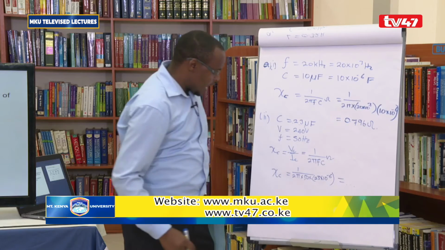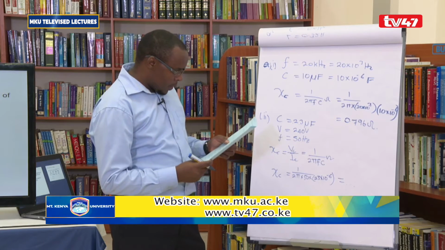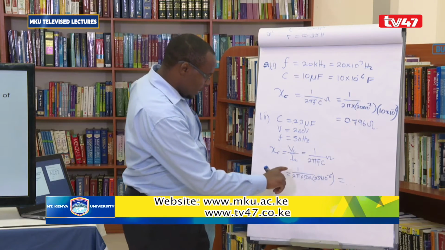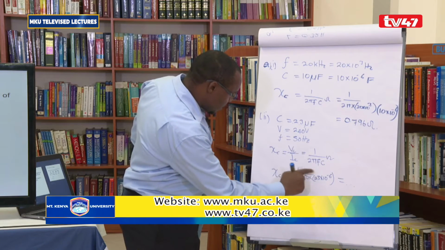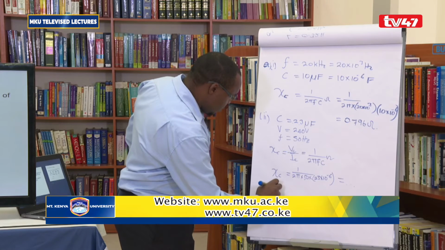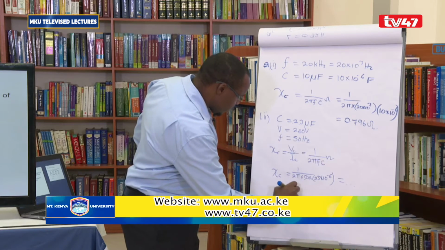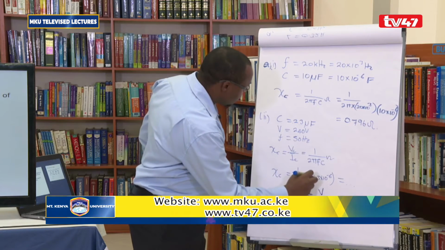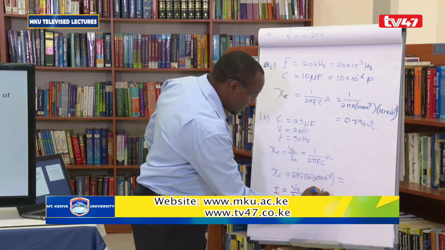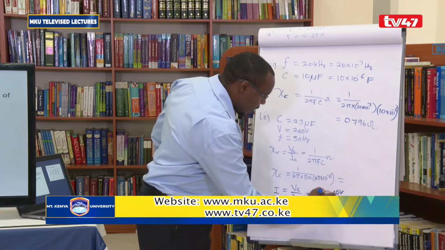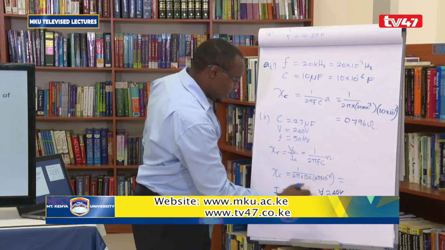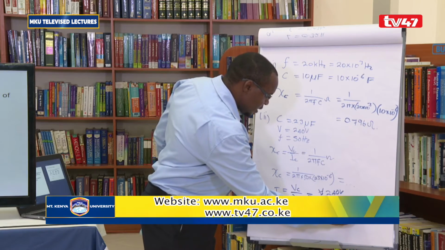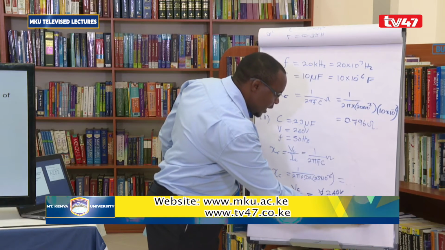Let us work this out in such a way that we make I the subject of the formula, which is I equals VC over reactance C. V is 240 volts, and our reactance is 1 over 2 pi times 50 times 23 times 10 raised to the power negative 6.